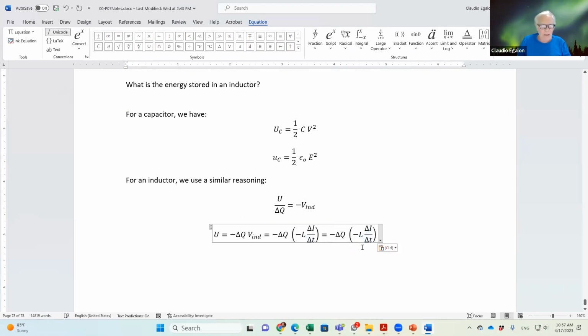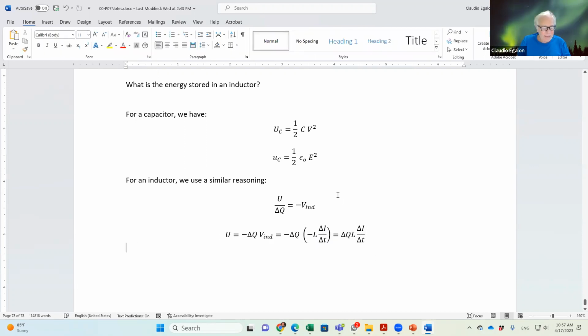Notice that the negative sign cancels out. And there is one more neat thing.